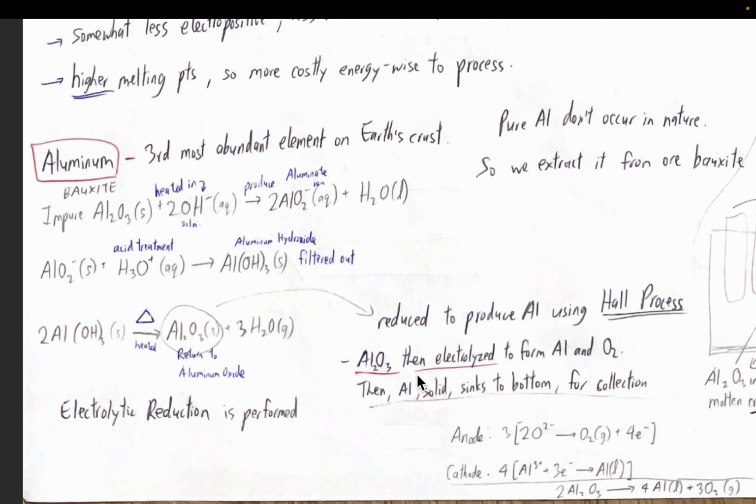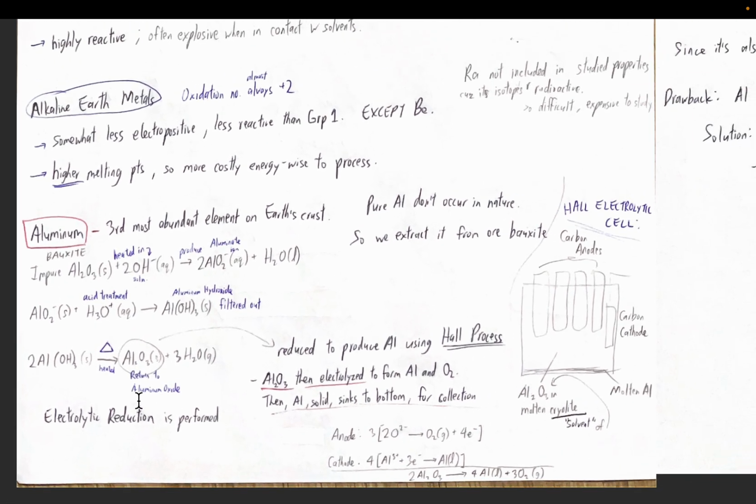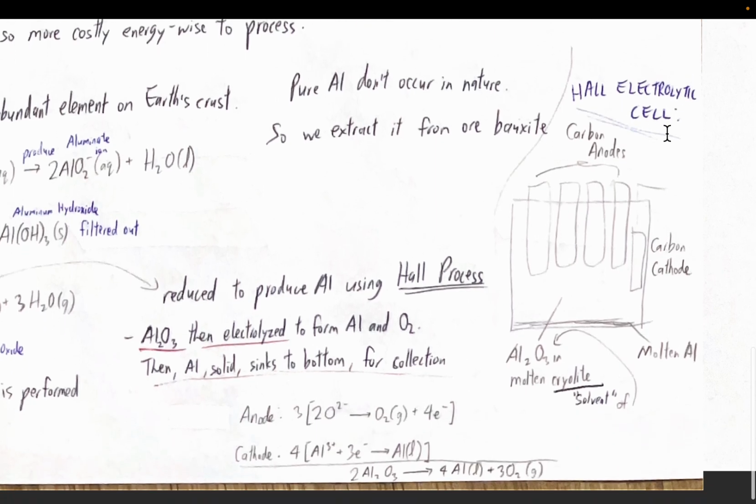So the aluminum oxide is then electrolyzed in order to form aluminum and oxygen. Then the aluminum, which is a solid, sinks to the bottom, becoming ready for collection. So yeah, essentially electrolytic reduction is performed. You electrolyze aluminum oxide. To visualize, this is what it looks like. The whole electrolytic cell, we have the carbon anodes and the carbon cathode here.